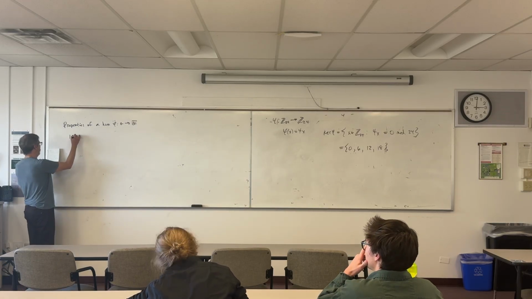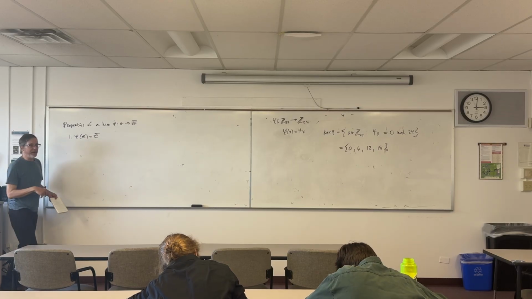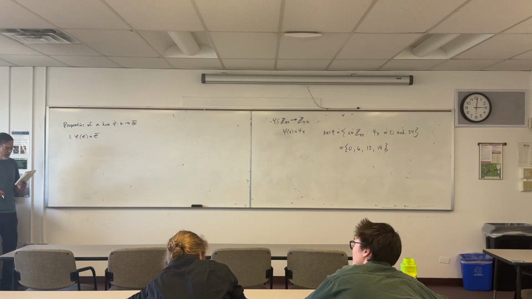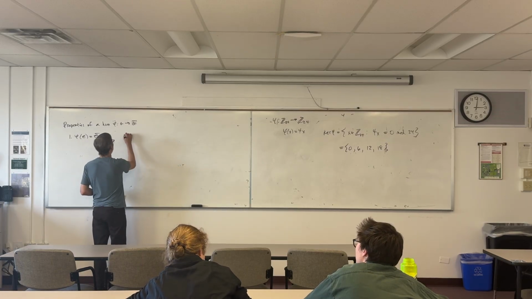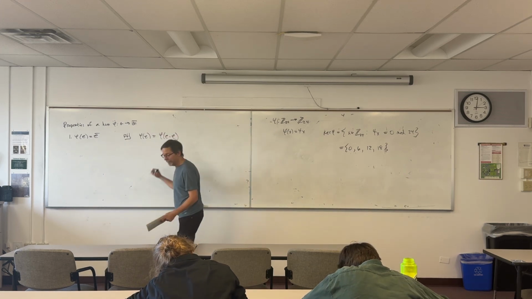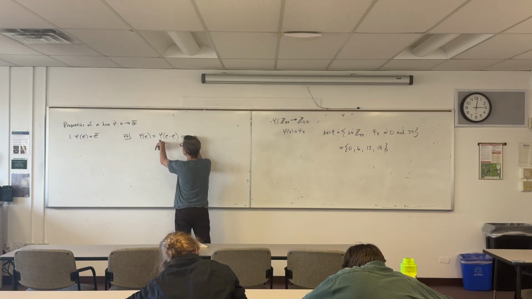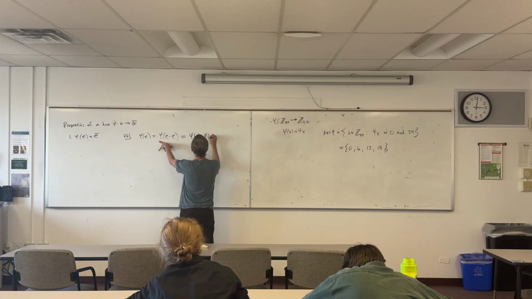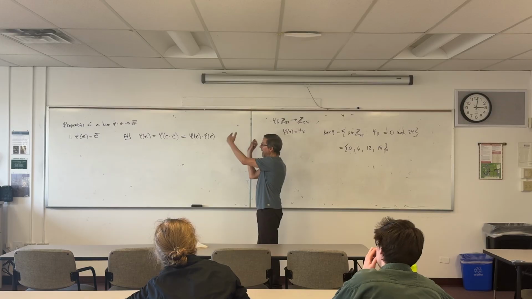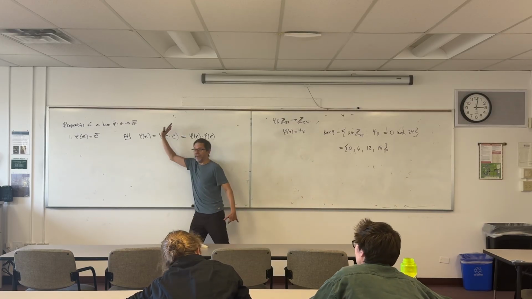Some of these I've already proven: phi of E is equal to E bar, which is the identity in G bar. So it preserves the identity. Did I prove that? No, let's prove it. Proof: phi of E is phi of E times E. Because I preserve group operations, that's phi of E times phi of E. Now I'm going to left multiply by phi of E inverse to cancel one of these out.